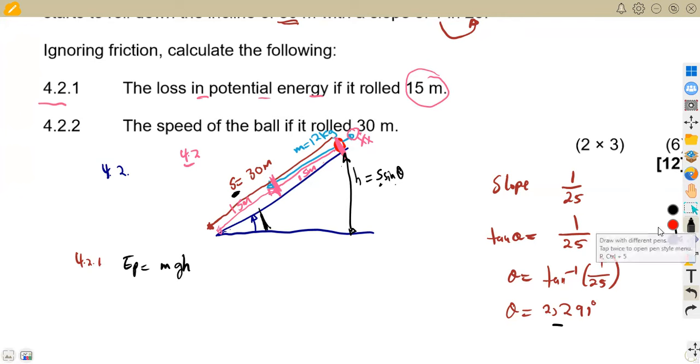So on our formula here, we are going to have mgh as m g s sine theta. Some can just use h, but this s is simply the displacement, the distance that you're given.